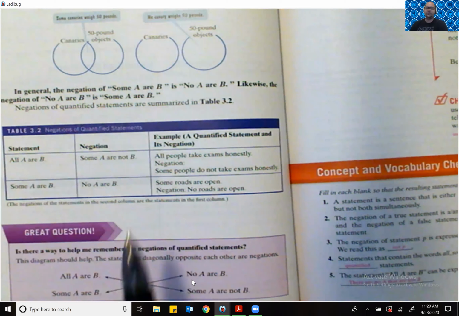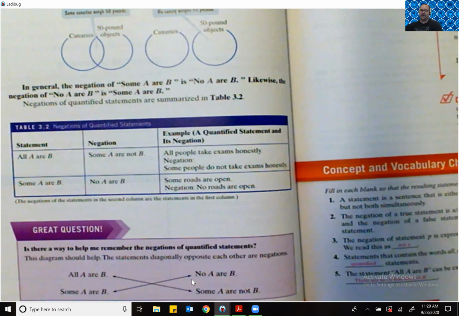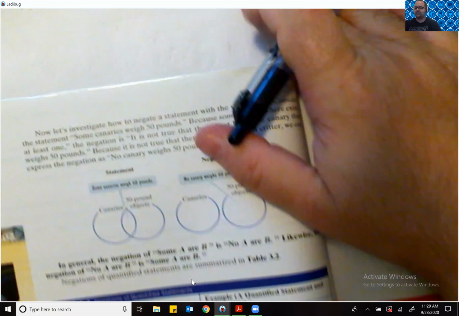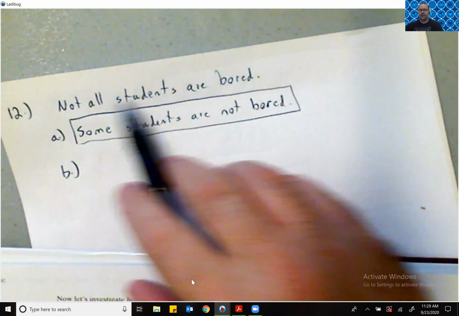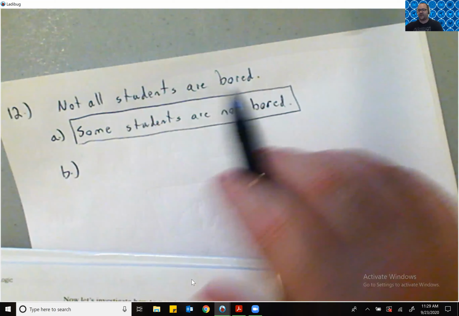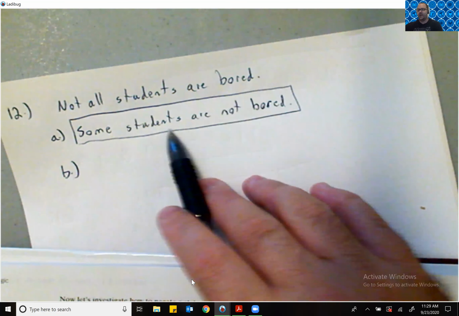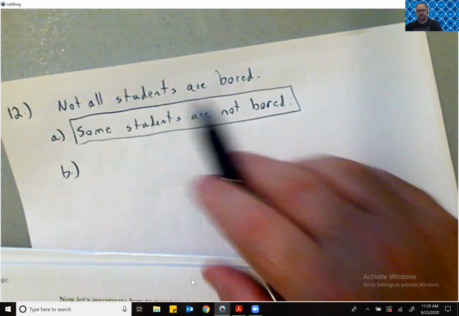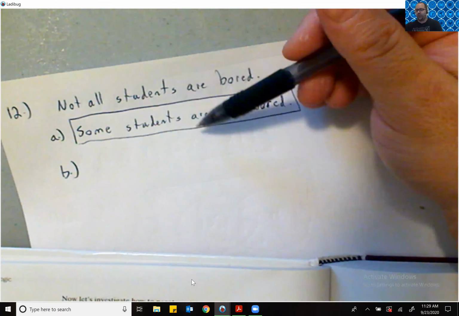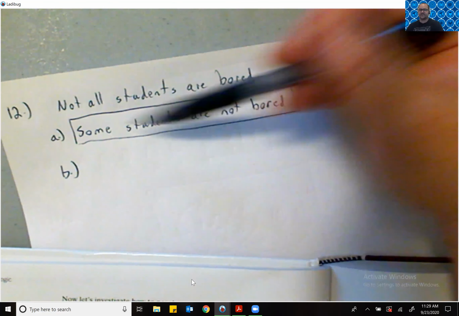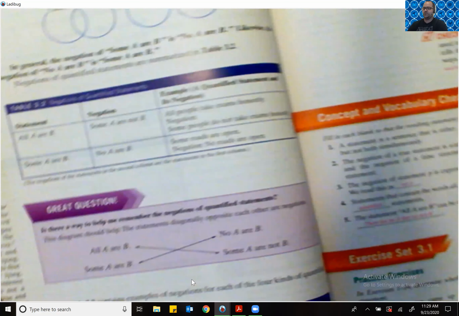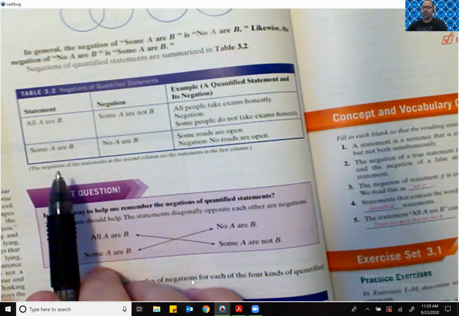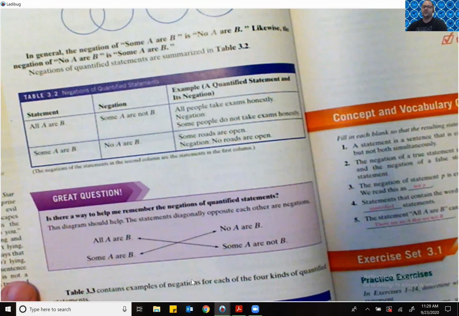But you have two statements we can work with right now. We have not all students are bored, and we also know that we have some students are not bored. We can use either one of these. But we're looking for one of these types of statements in this table.